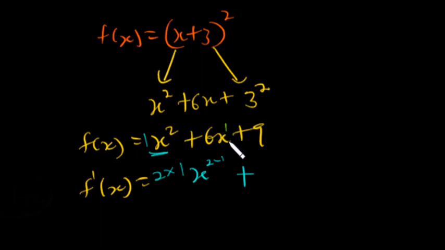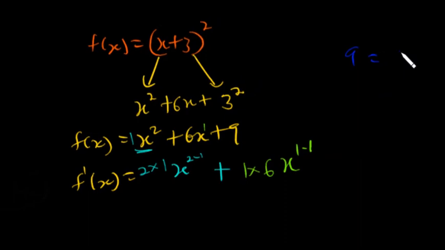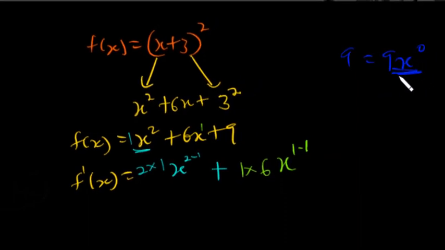6x is 6x to the power 1. You pull the 1 down, we have 1 times 6, and when you subtract 1 from 1, you have 0 over there. If you differentiate 9, which is a constant, you get 0, because 9 is equivalent to 9x raised to the power 0, because the function x squared plus 6x plus 9 is in terms of x. The independent variable of the function is x.